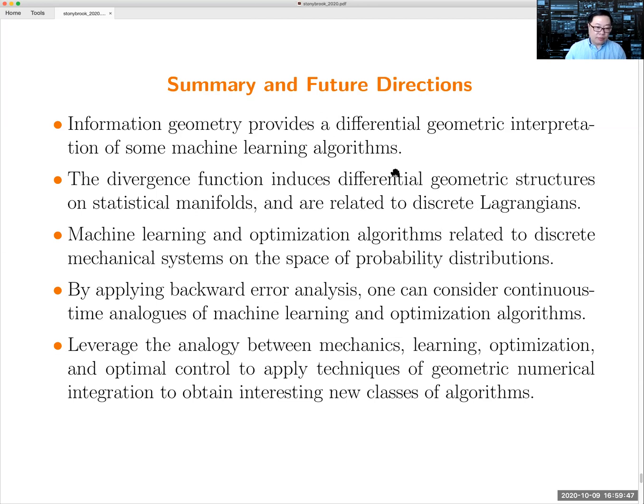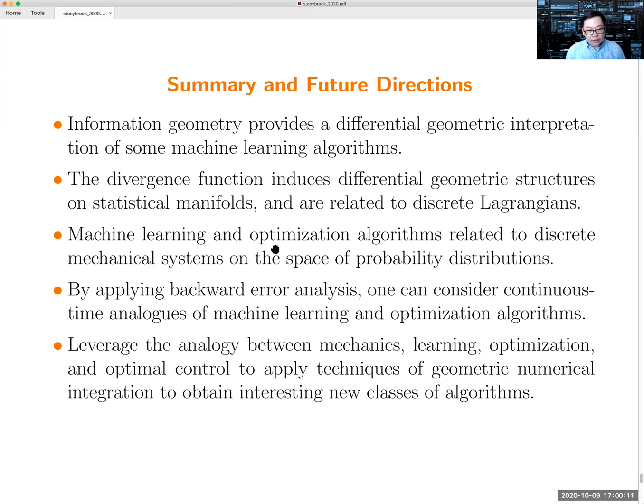So the analogy between information geometry and discrete mechanics hopefully will allow you to bring to bear the tools which have been developed in discrete mechanics, to connect machine learning, which is typically thought of as being in discrete time, to problems which evolve in continuous time.